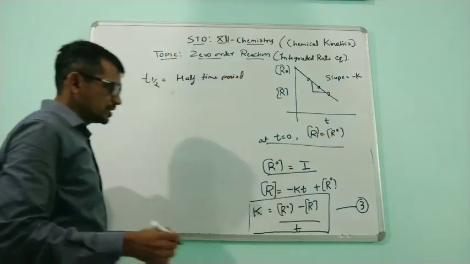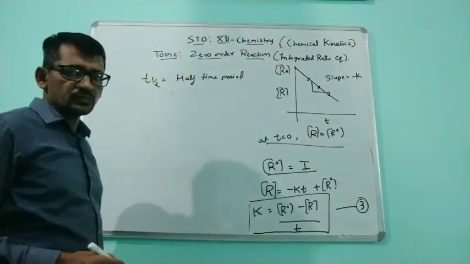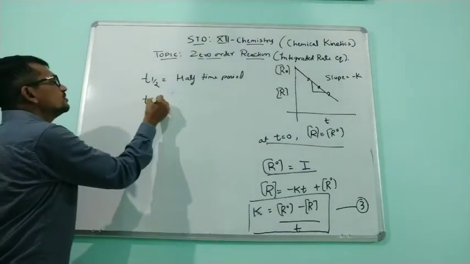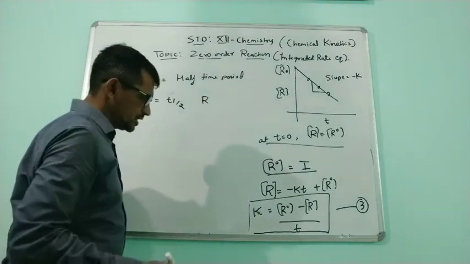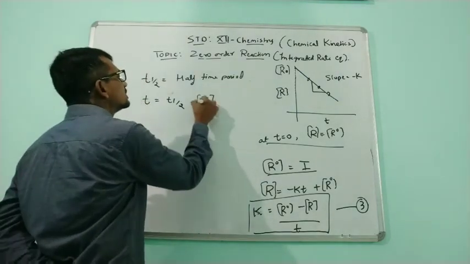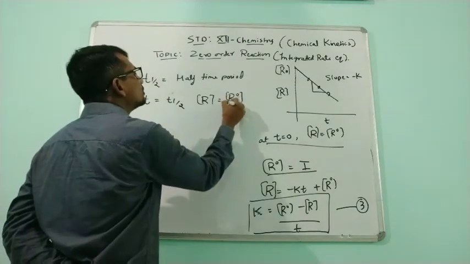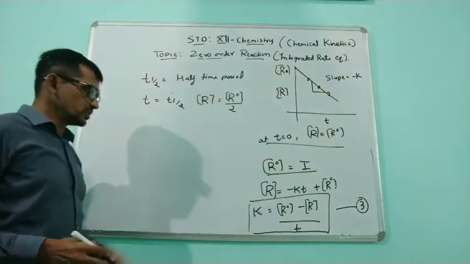It means if t is equal to t half, then [R] is equal to [R]0 by 2. Its concentration becomes half of the initial concentration.